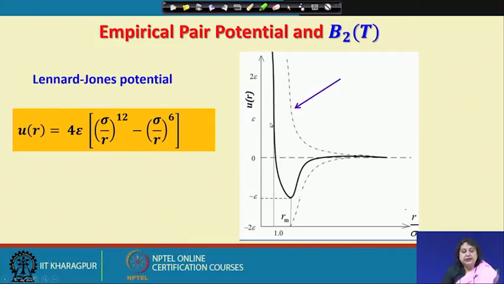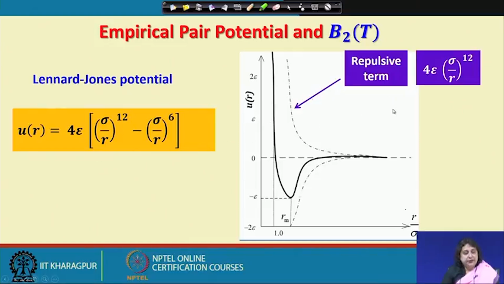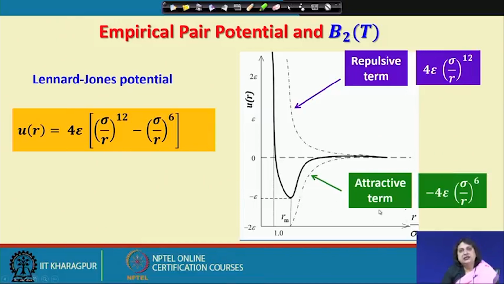The first part is a repulsive part, which is shown here, and there is a second part which is the attractive term, which is present here. And when these two terms, as shown by the dashed lines, are combined, then we find that the net interaction provides us the r dependent variation as we originally envisaged.